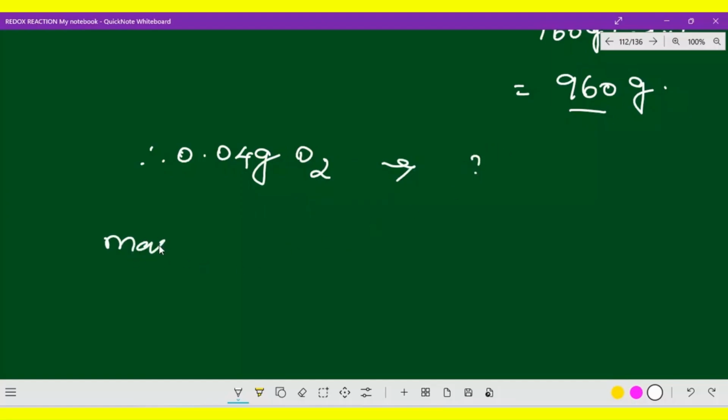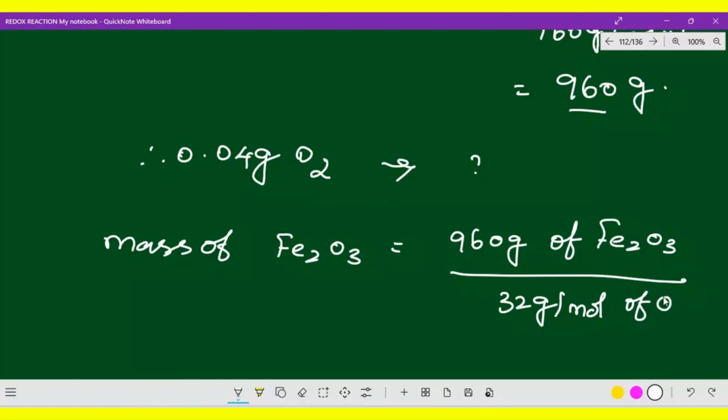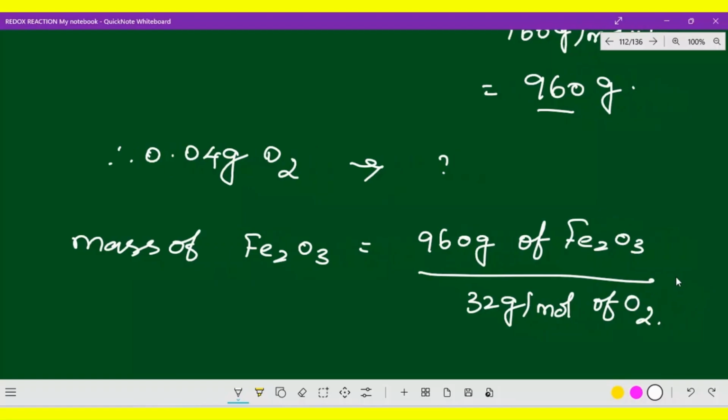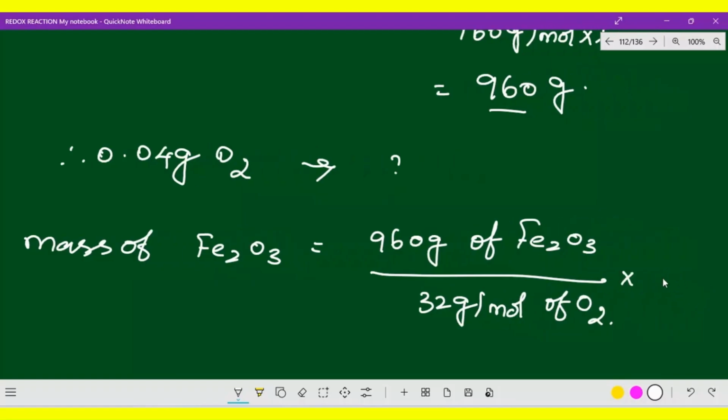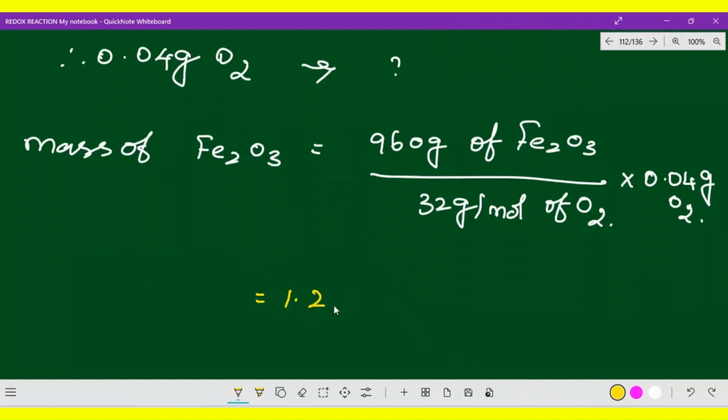The mass of Fe2O3 equals 960 gram of Fe2O3 divided by 32 gram per mole of oxygen, into 0.04 gram of oxygen, right? So what answer are you getting? You will be getting around 1.2 gram of Fe2O3.